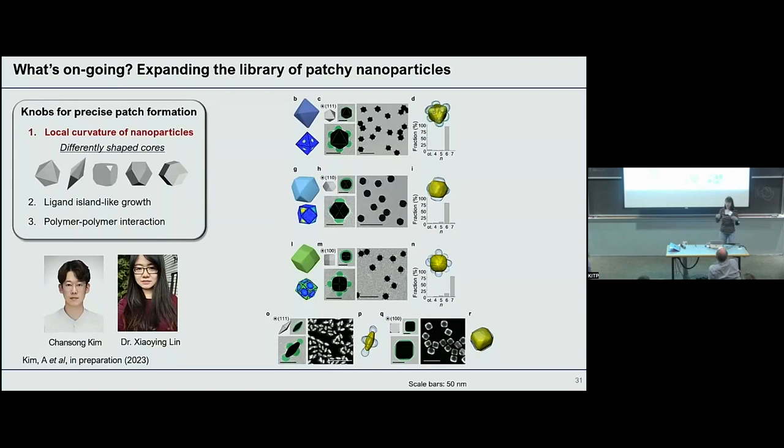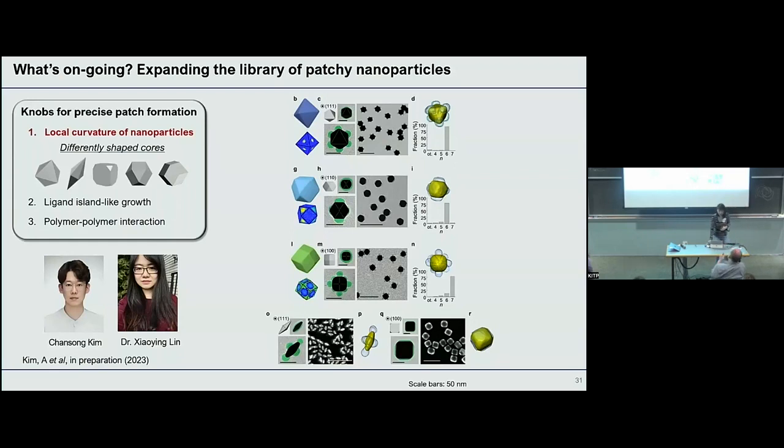Now with a much larger library of patchy nanoparticles, our future outlook is, how about we incorporate more nanoparticles in the liquid phase TEM study to look at how they self-assemble and how they interact with each other, how they can form open structures, and how to actually use them as self-propelled nanomotors.